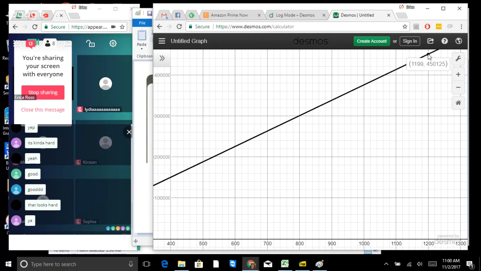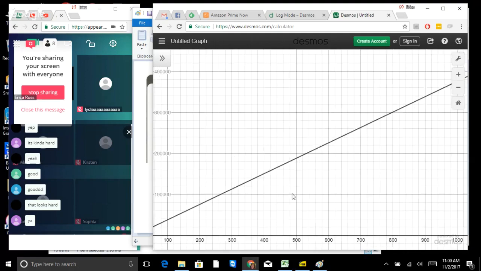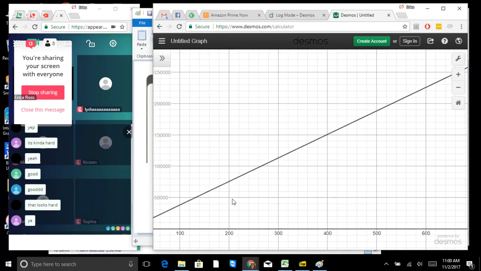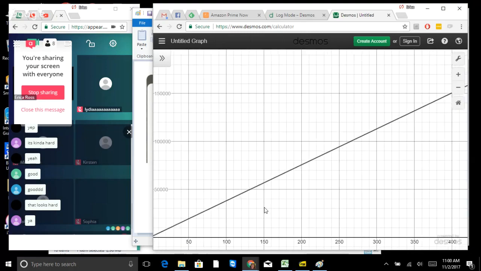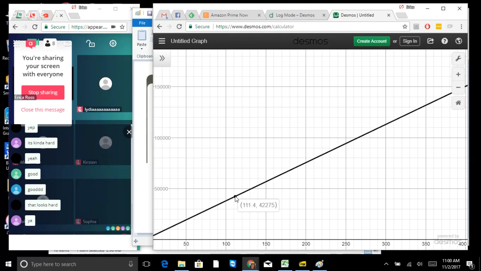If you stay in your apartment for 10 years, which is 120 months, then you've paid $45,500 in rent. That's a lot of money.